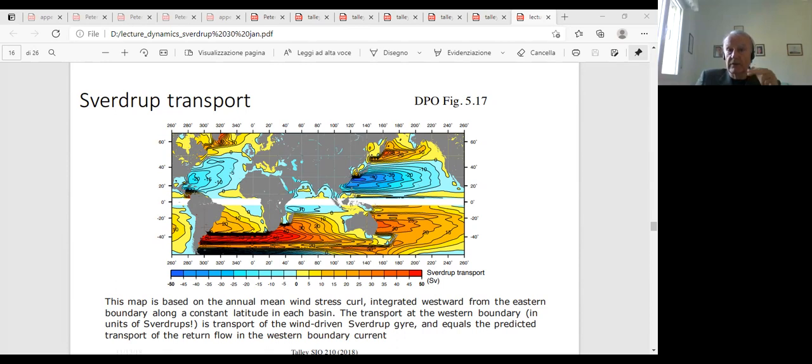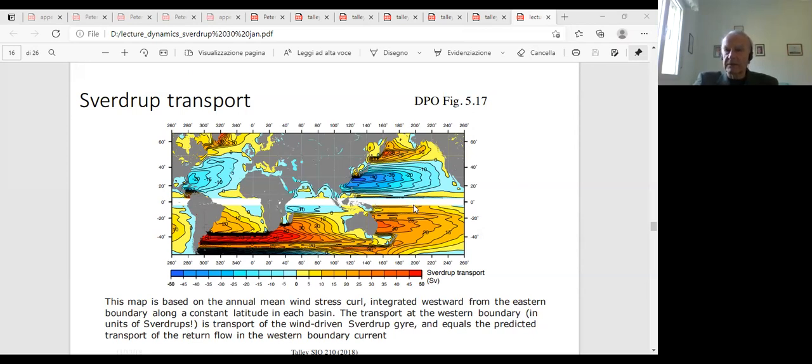Obviously, you have these bluish and yellowish areas which coincide with the subtropical and mid-latitude gyres. You can see also that in the equatorial areas there is a blank. It's blank because the Sverdrup transport is not defined, because the Coriolis parameter approaches 0.